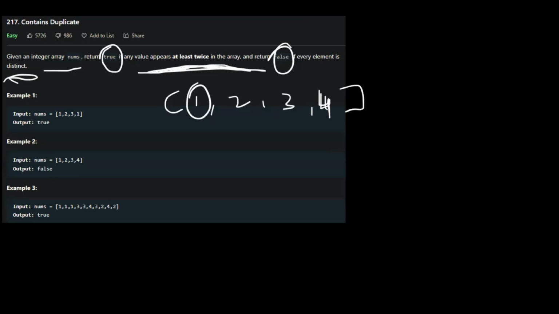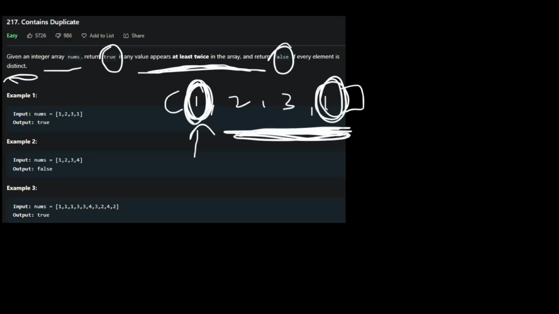The first approach is just using brute force, which is, for each element, we check every other element except itself, because obviously each element would be a repeat of itself. We're not counting itself, but we're checking all the remaining elements, and we see if we have any other element with the same value.